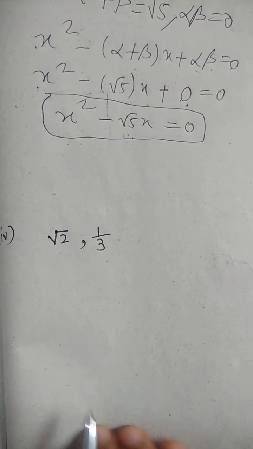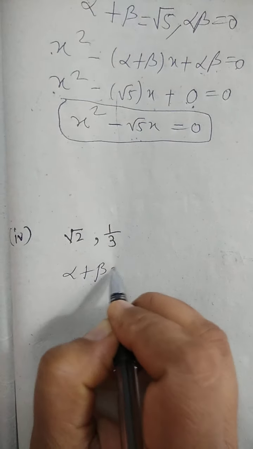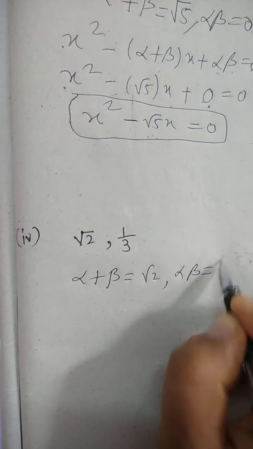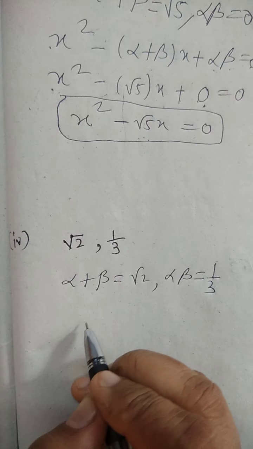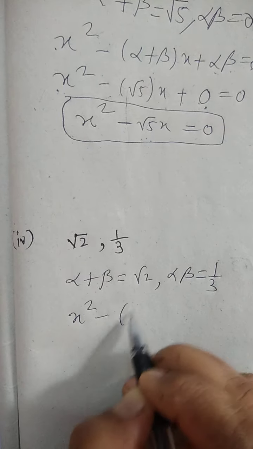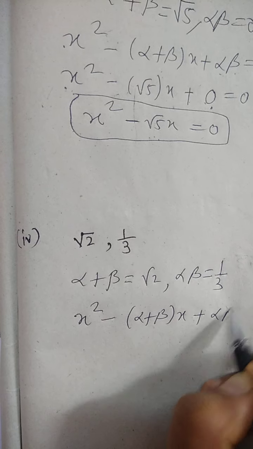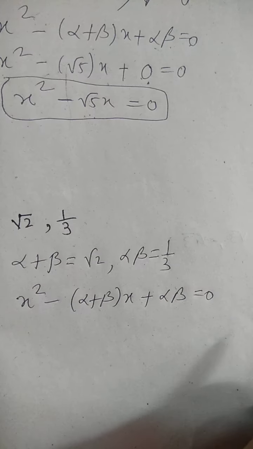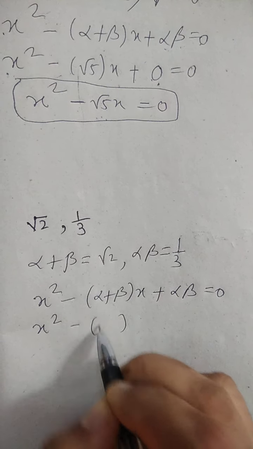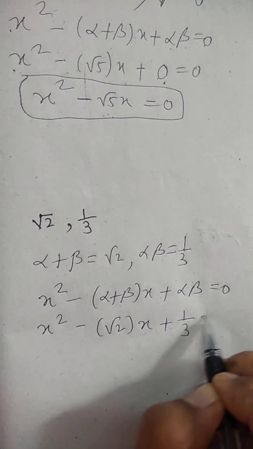Now let's try the next one. Here, alpha plus beta value is given as root 2 and alpha into beta value is given as 1 by 3. Now write the quadratic equation. X square minus sum of roots x plus product of roots equal to 0. Now substitute the values. X square minus alpha plus beta, which is root 2, x plus alpha into beta, which is 1 by 3, equal to 0.